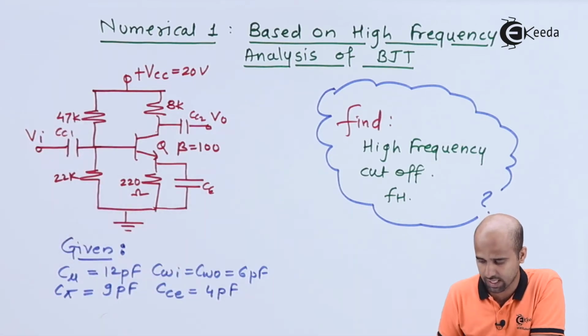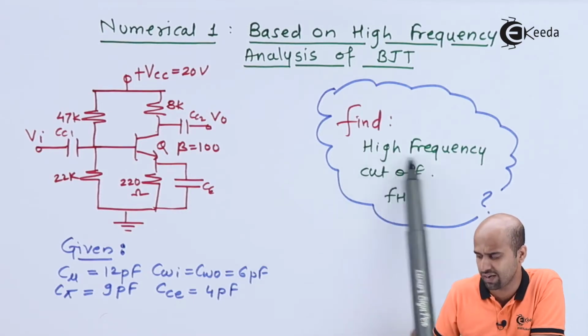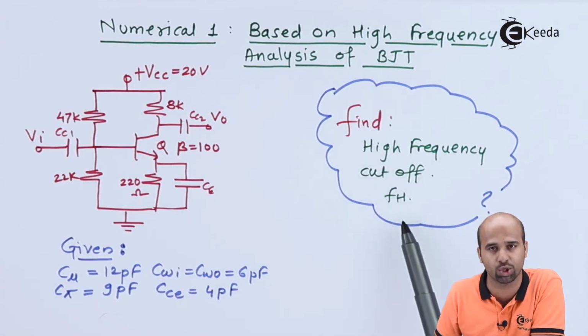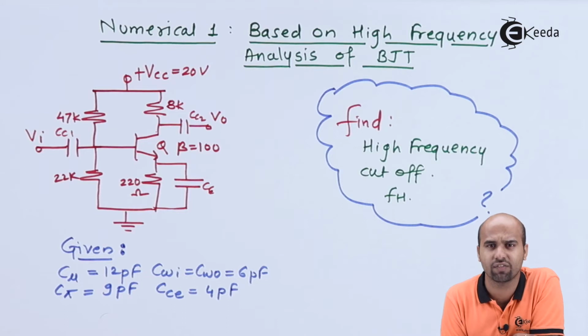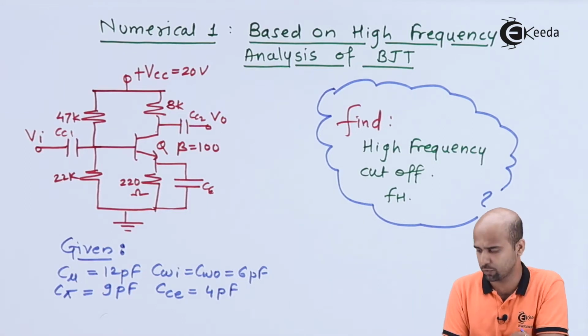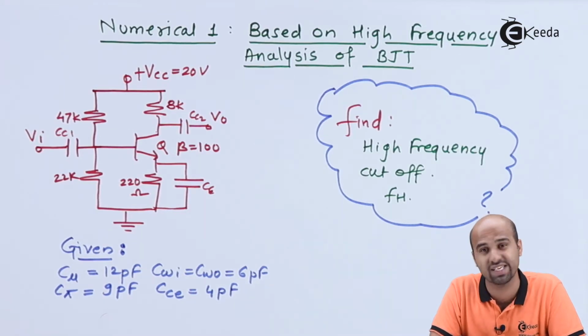All the resistances are given, and we are asked to find the value of the high frequency cutoff, that is FH. To find FH, we have to know the value of CMI and CMO, that is nothing but the Miller's input and output capacitance.